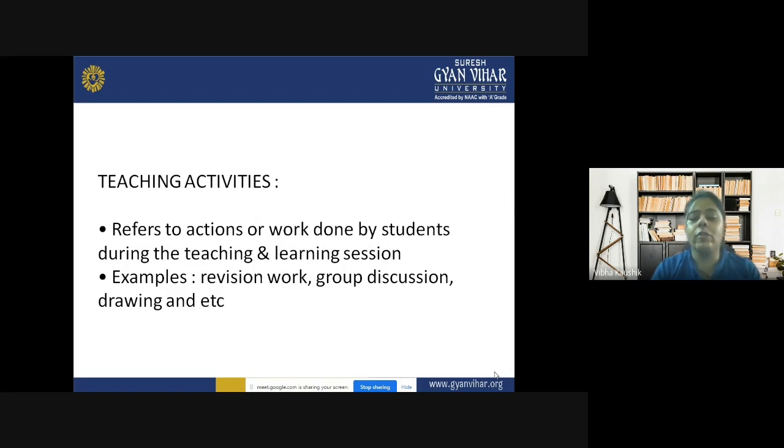Example, revision work, if the students are doing the revision work; group discussion, if the students are involved in discussing a particular concept or a topic and they are discussing that particular concept in the group; drawing, etc.